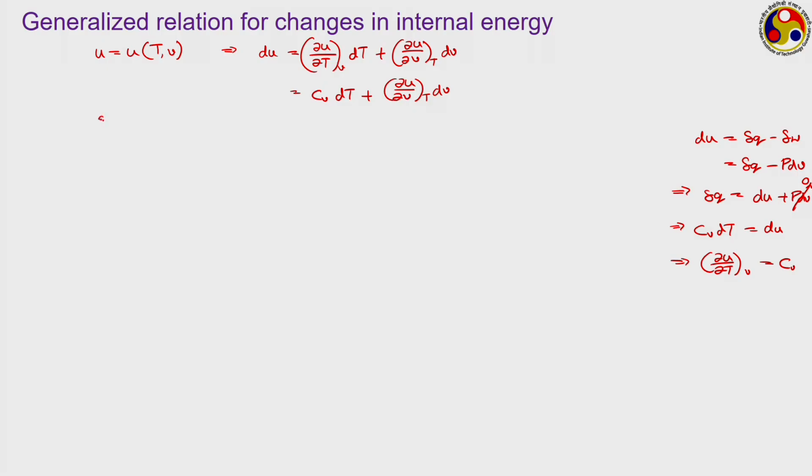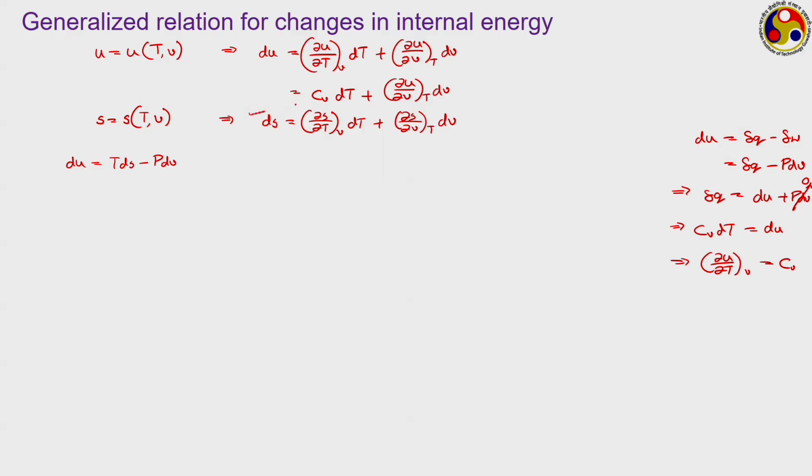Now, we take entropy as a function of the same two intensive properties T and V. So, we can write ds is equal to, following the same pattern, (∂S/∂T) at constant V dT plus (∂S/∂V) at constant T dV. Now, we know the TdS equation as du equal to TdS minus P dV.